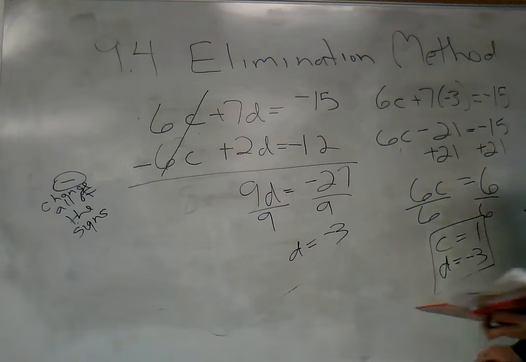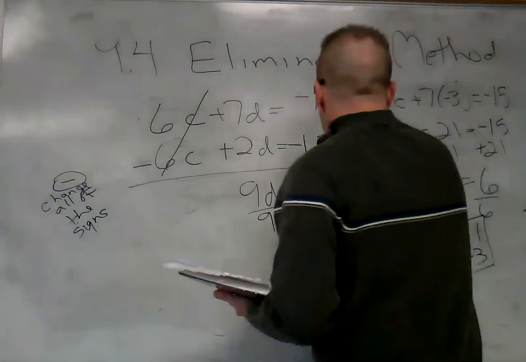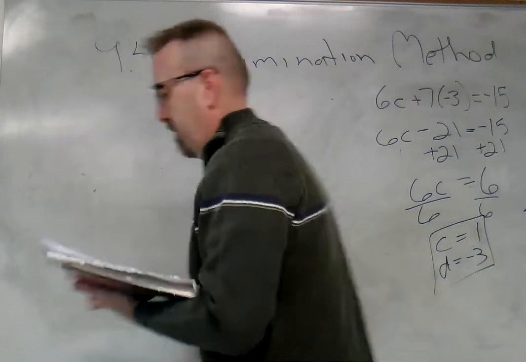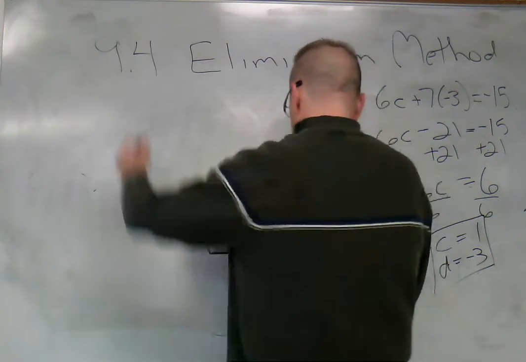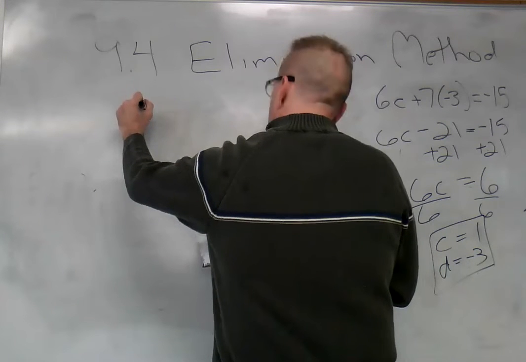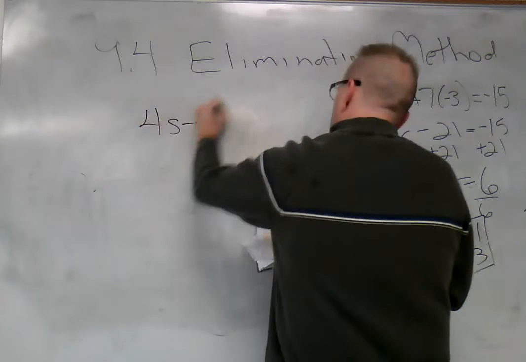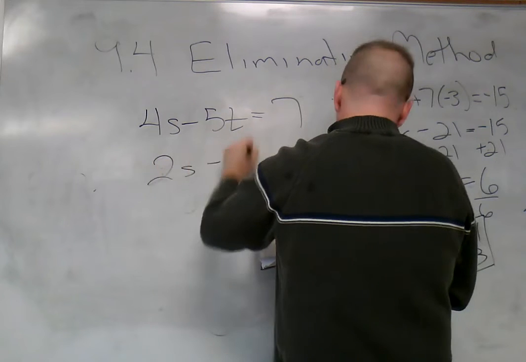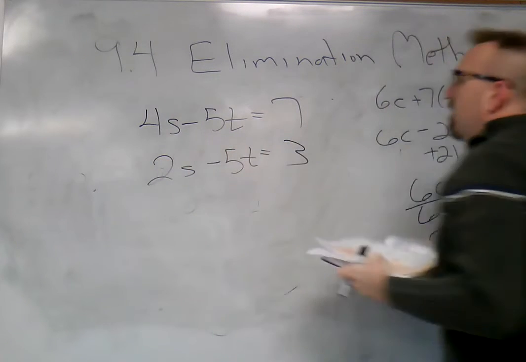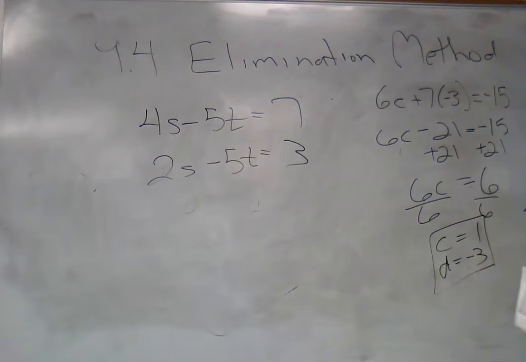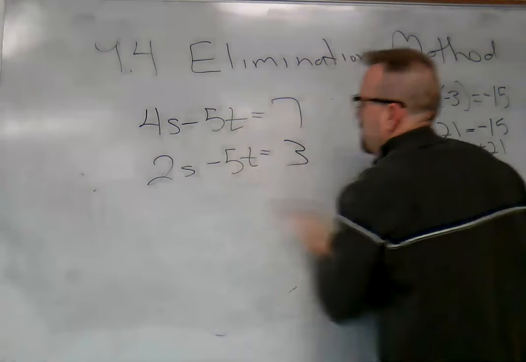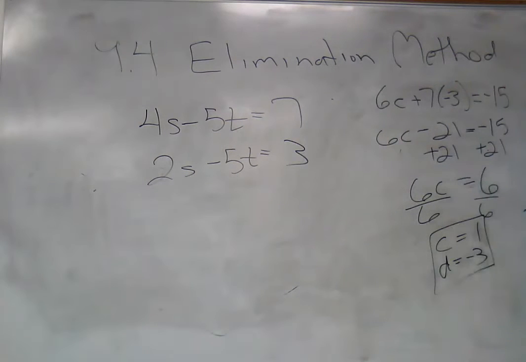Okay, so let's take another one like that. All right, so we have 4s minus 5t equals 7, and 2s minus 5t equals 3.